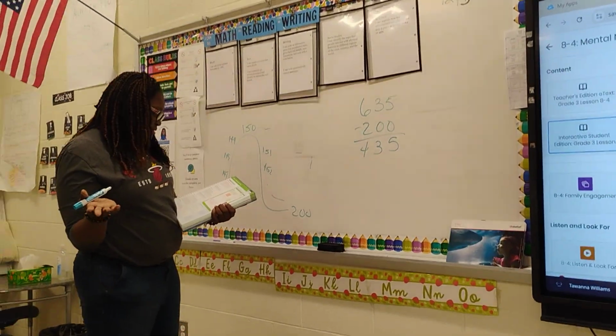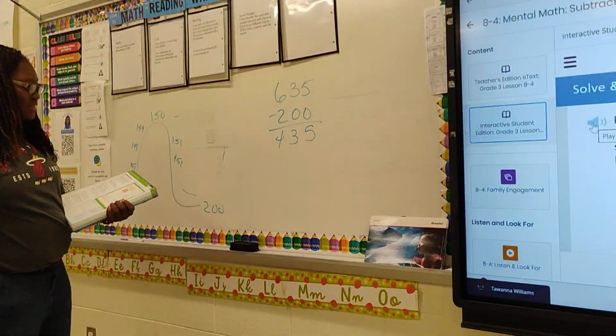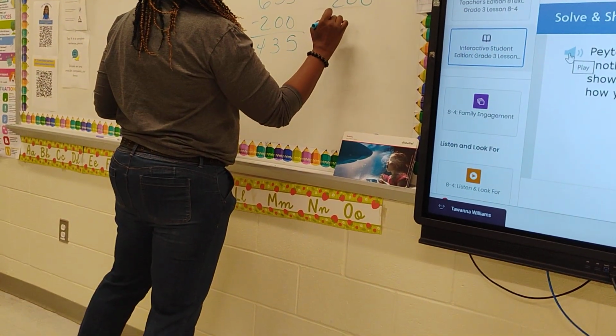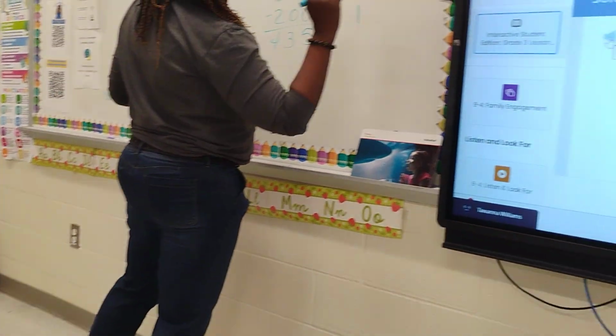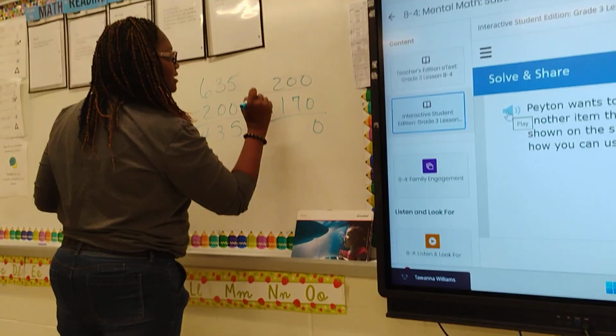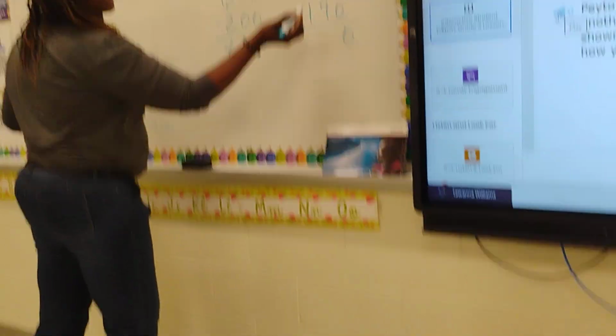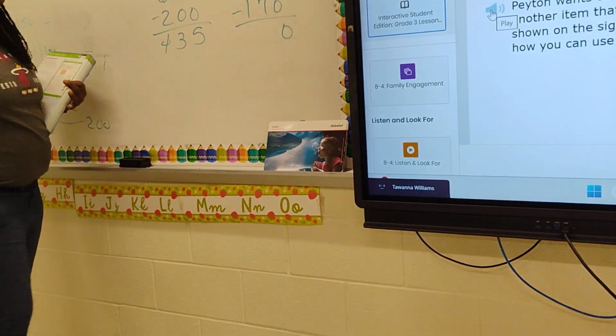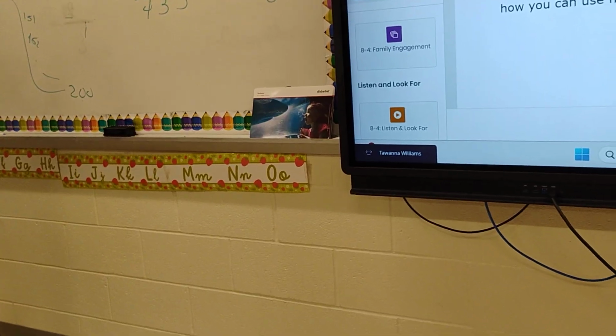So now we're trying to take the 200 minus 170. So we're going to subtract. So how do we do this? You know 0 and 0 is 0. So 0 minus 7. Can we say 0 minus 7?